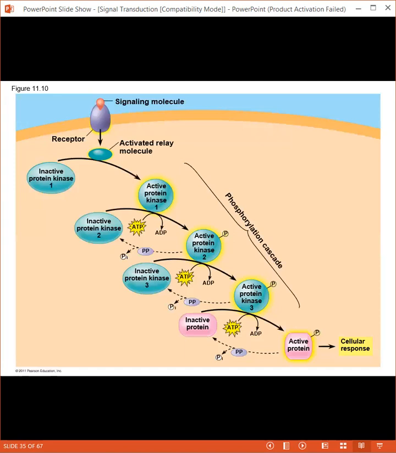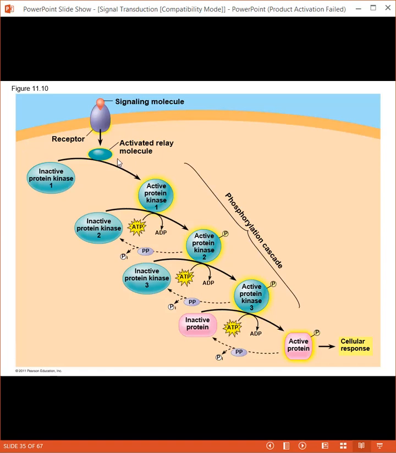Here in this diagram, you can see how a signaling molecule is bound to the receptor, and the second messenger, which is activated in this way, can activate another molecule, which is an inactive protein kinase. So that protein kinase can be activated, and then it will activate another protein kinase.